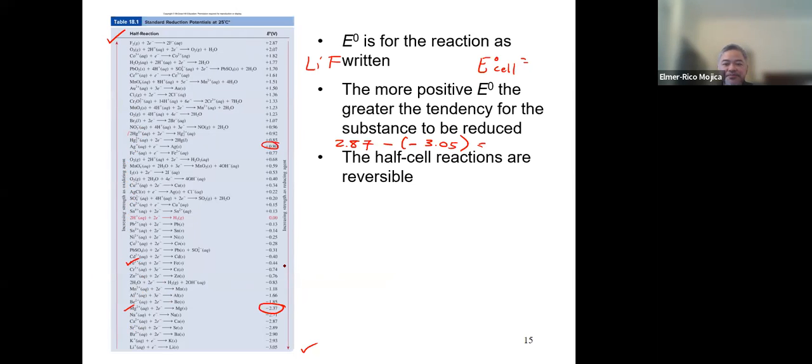So between the two, the one that will readily oxidize will be the magnesium because it has a lower reduction potential. Okay, so let's say you have the oxygen, you have magnesium, and you have the Fe. So the oxygen will act first on the magnesium and then the Fe2+. And the good thing about this, when the magnesium is oxidized, it forms a magnesium oxide that serves as a protective layer.